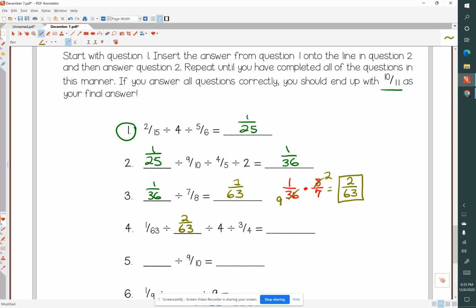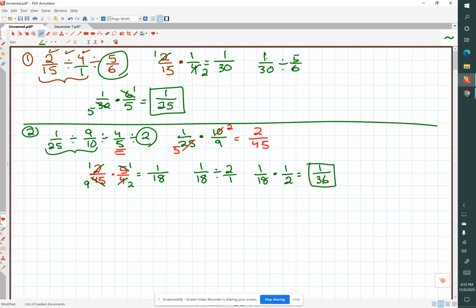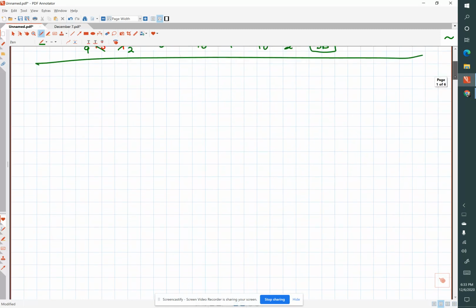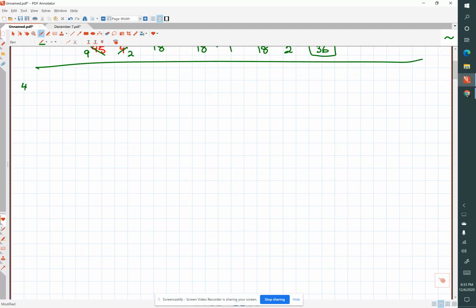Now, number 4, we definitely need to use our scratch paper. So let's get that ready. And this is number 4, which is 1 over 63 divided by 2 over 63 divided by 4 divided by 3/4. Let me rewrite that 3 so you can read it a little better.